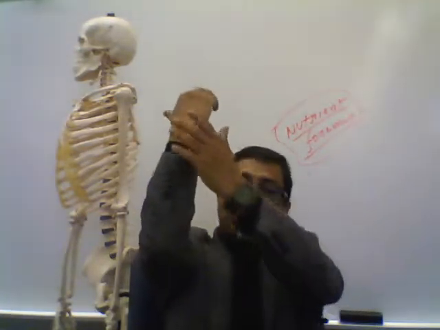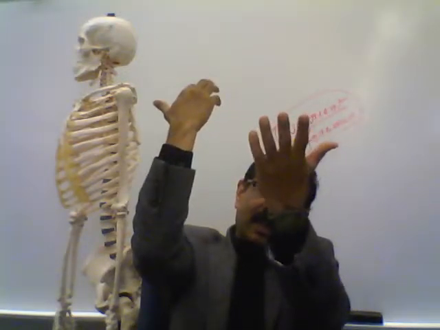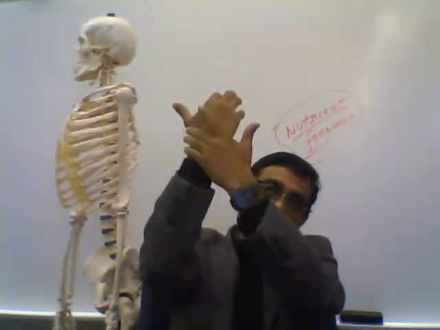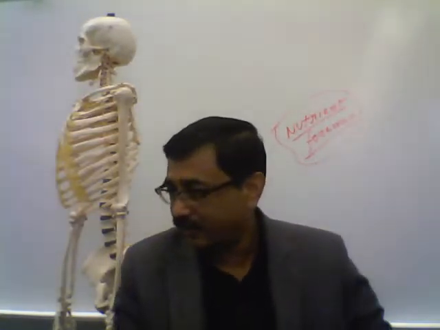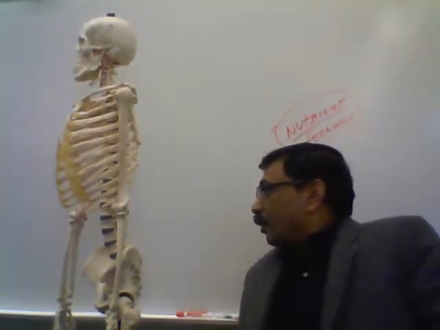In case of radius and ulna, exactly the same structures are called styloid process, and in case of your leg bones, those are called malleolus. So structurally they are the same. A tiny part goes beyond the lower end. Okay. Medial malleolus in tibia, because tibia is the medial bone, and lateral malleolus in fibula.